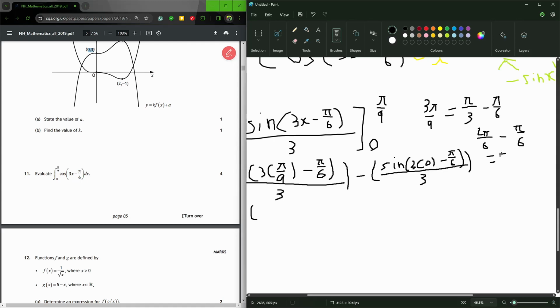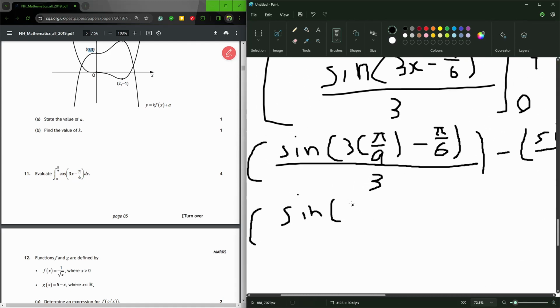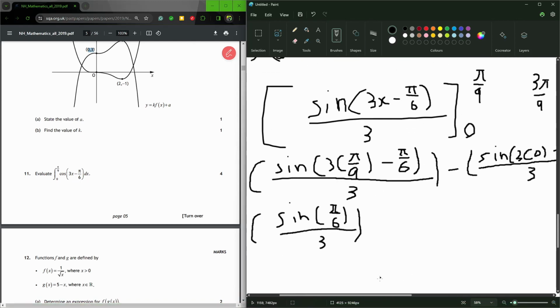Okay? So, yeah. Beautiful. That's sine of pi over 6 all divided by 3. Okay, that's that halfway computed. Now onto this mess.